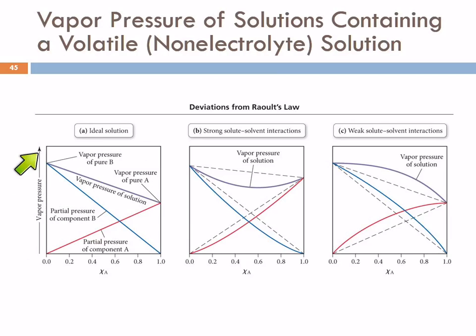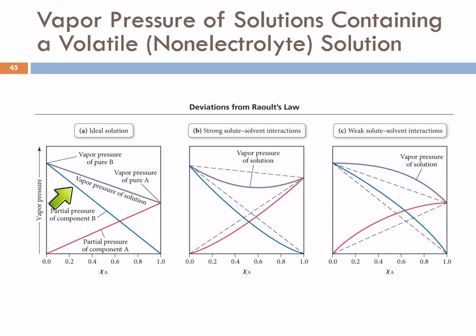So in this graph, we have vapor pressure increasing on the y-axis, and we have the mole fraction of component A increasing as we go across to the right. So if we look at the partial pressure of component A, where its mole fraction is 0, its vapor pressure is 0. And it increases linearly until we get to its pure vapor pressure at a mole fraction of 1.